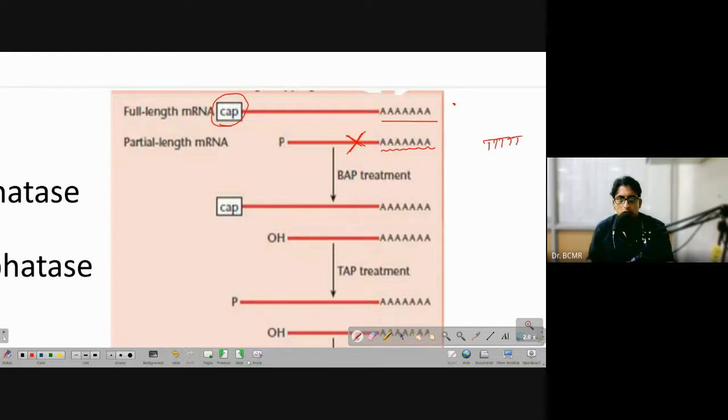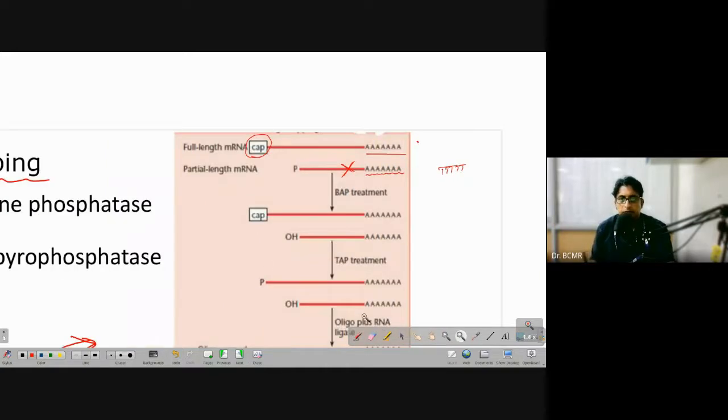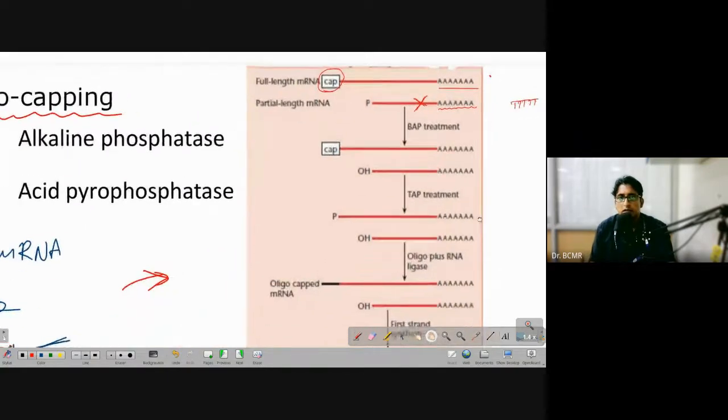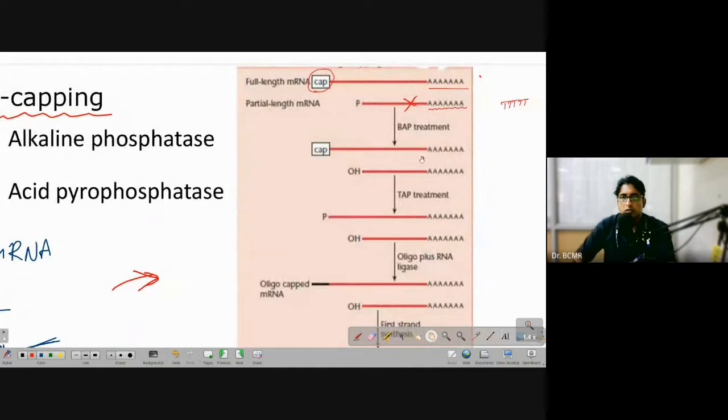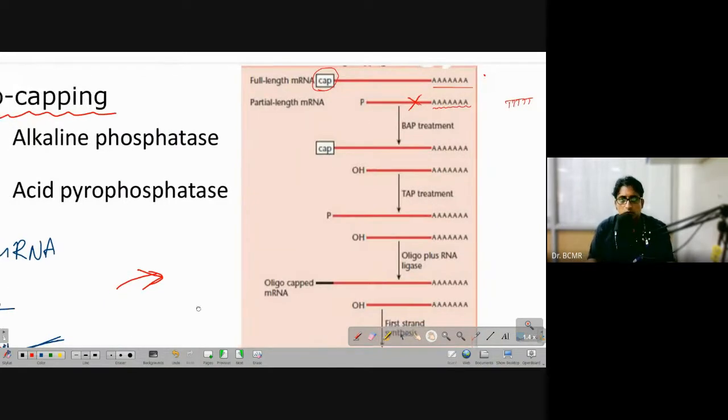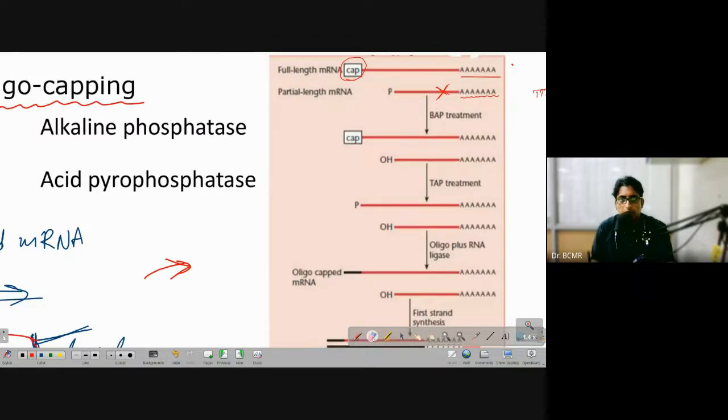So we are going to treat all the mRNA that we have isolated with bacterial alkaline phosphatase. What it does, I hope you can recollect, is that the G cap is something like this, G, and then there are 3 phosphates, and then you have the mRNA.